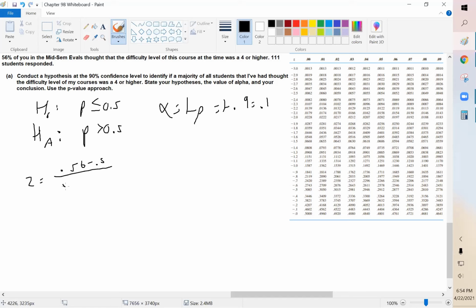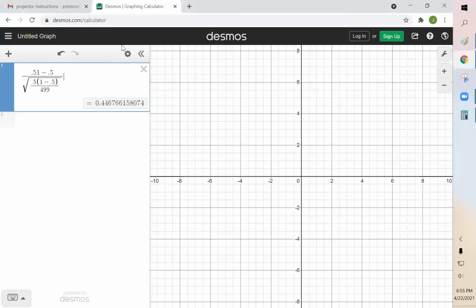We divide it by the square root of 0.5 times 1 minus 0.5 over the sample size of 111. Let's put that into our calculator. 0.56 minus 0.5 over the square root, so we have a z-score of 1.264.